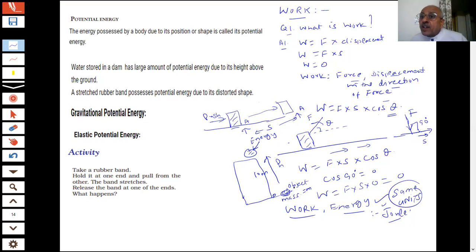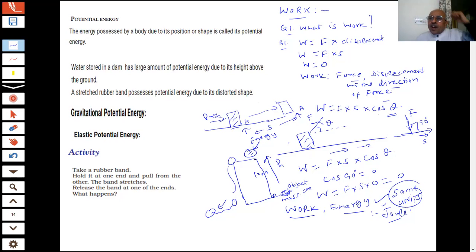How will you say there is energy? If the ball falls, what happens? As soon as it falls, it is moving. Or if any object falls on your head from a big height, what will happen? It will be a great energy transfer. You will be crushed. Yes or no?